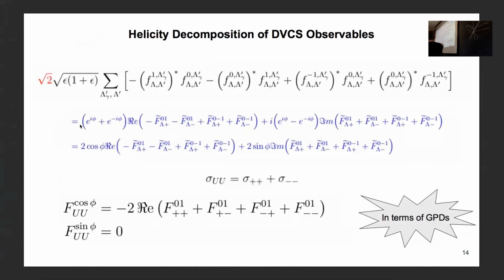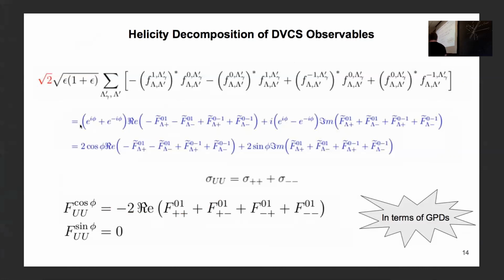And then let's say you want to look at the unpolarized cross-section, which you would take the lepton helicity to be plus and the incoming proton helicity to be plus, and you add it to the minus minus. And so you get FUU cos phi is something like this by parity. And then you also see by parity that FUU sine phi, which is this term, ends up actually disappearing.